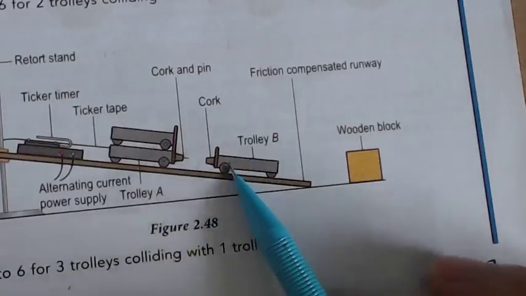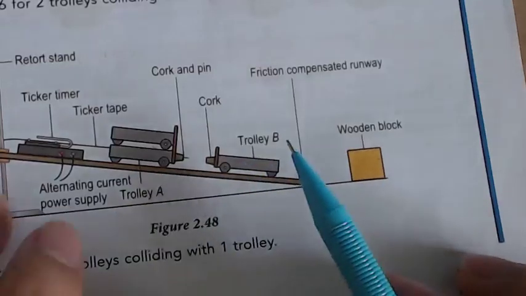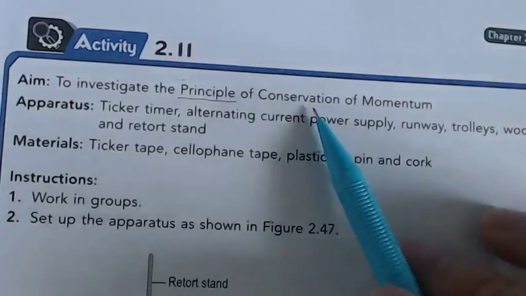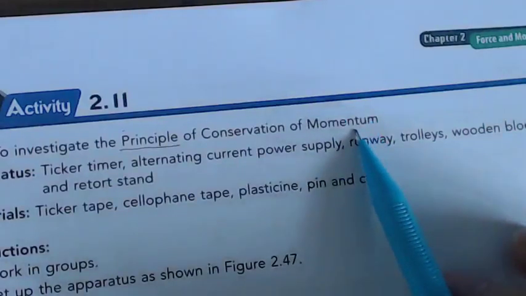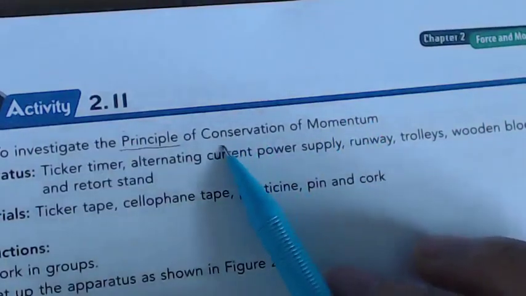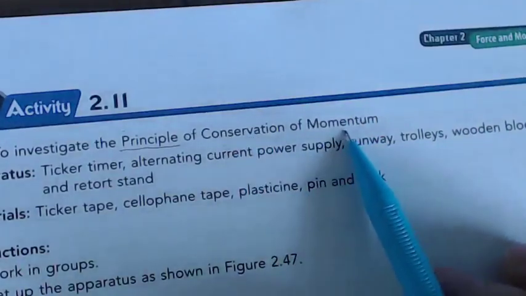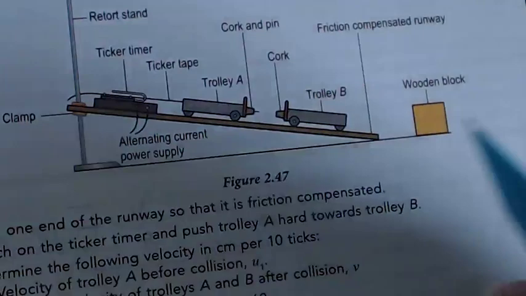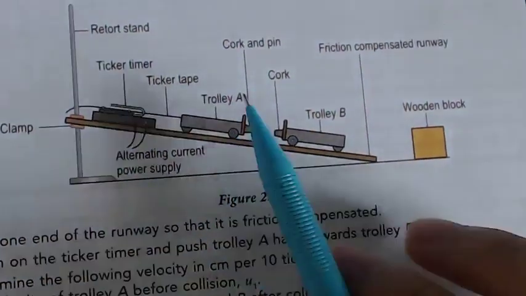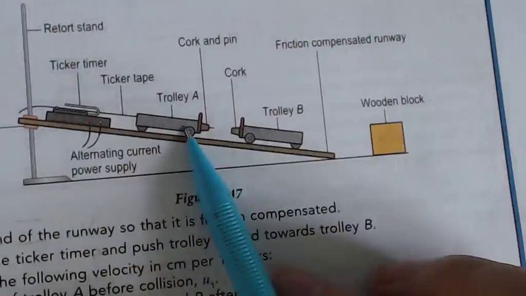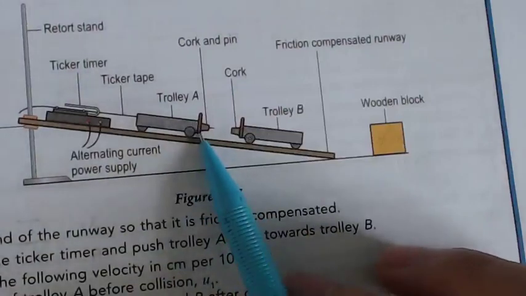So what will happen to the momentum? Will they preserve the value of momentum? We need to go into more detail about this.